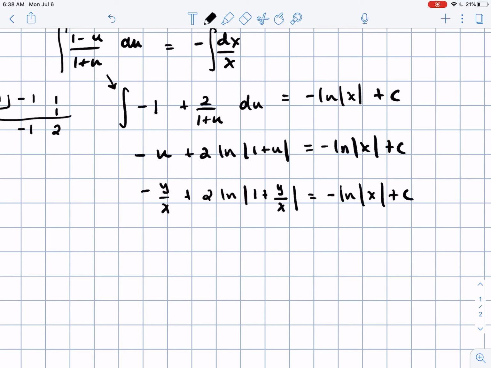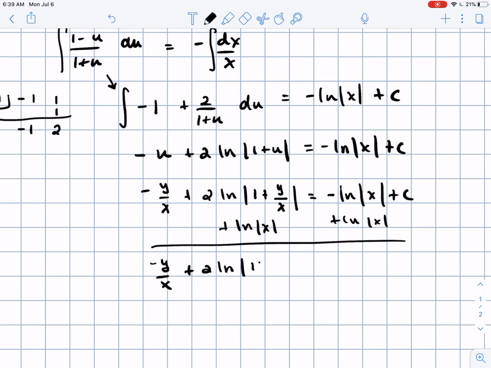So if you're emailing me work and you get down to here and you don't know how to get into the form they want, even though I'm pretty sure they might give you this as the form anyway, what you could do is say you added ln x to both sides, maybe you could just rewrite it like this, and then equals c.